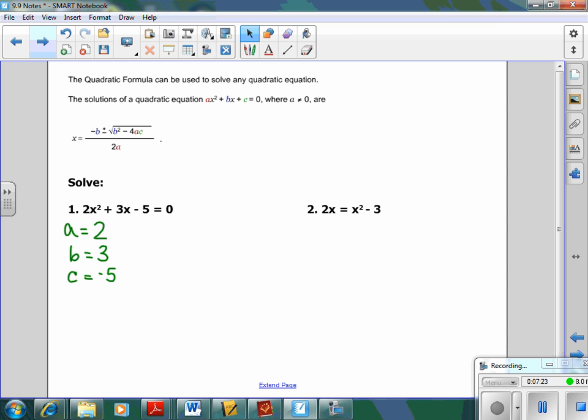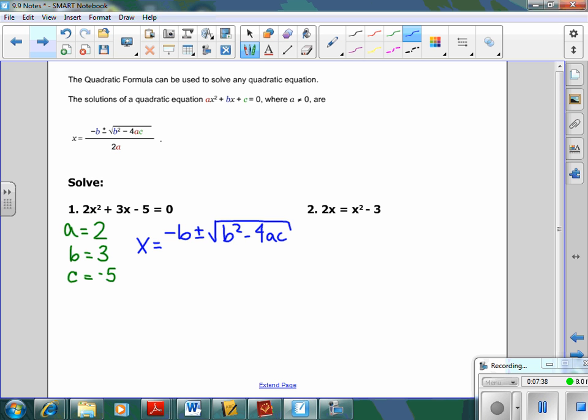So now that we know that, I want you guys to write down the quadratic formula every single time. The more you write it down, the more it will stick in your head. X equals negative b plus or minus the square root of b squared minus 4ac, all divided by 2 times a. And let's plug in our values.